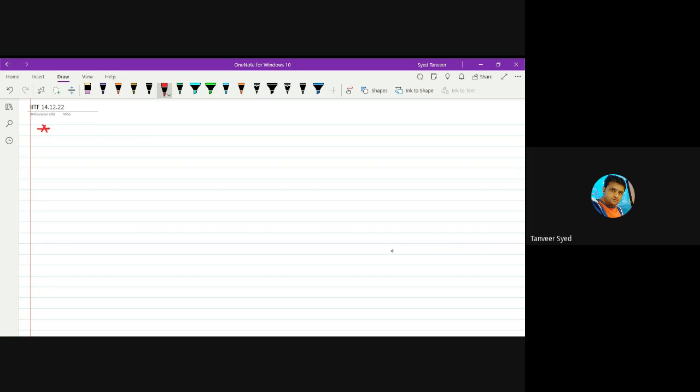See, a vector has both magnitude and direction. Vector quantity has magnitude and direction. Okay.